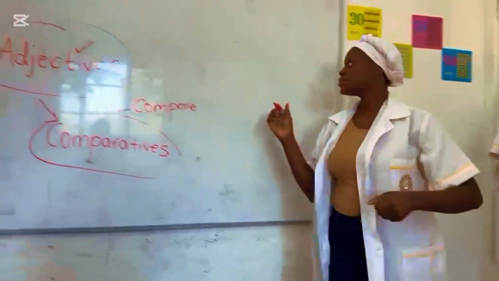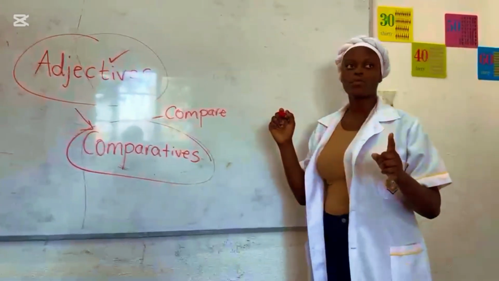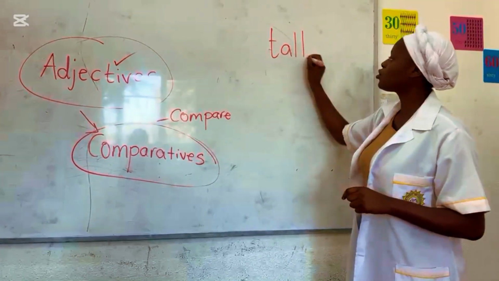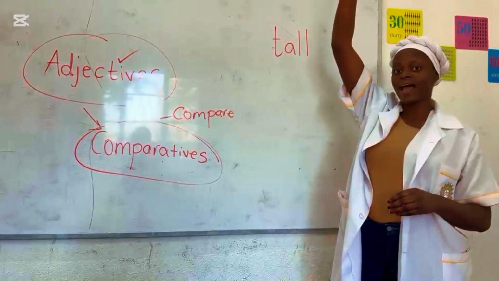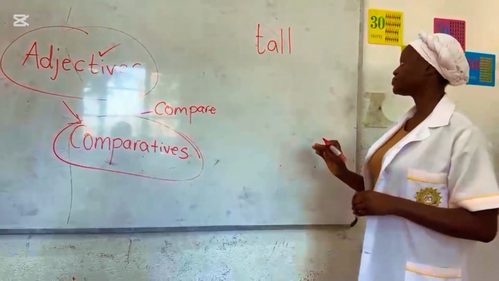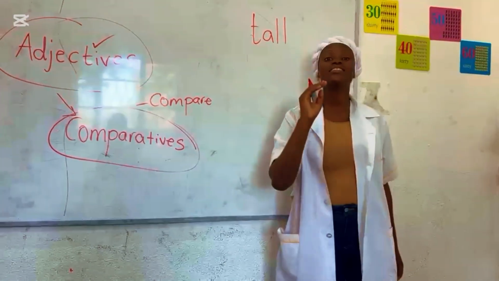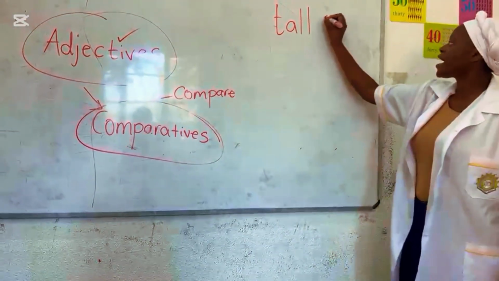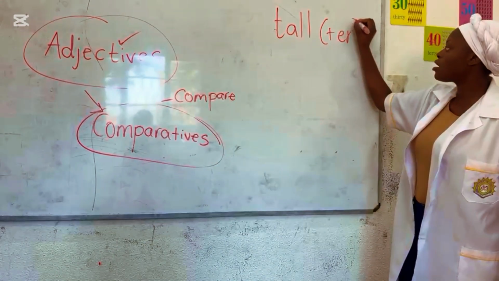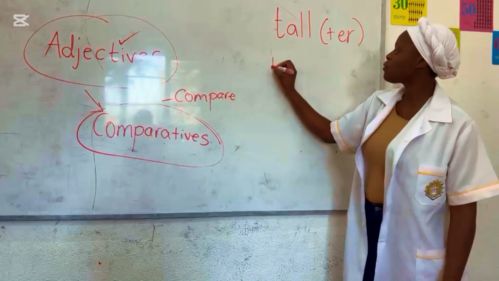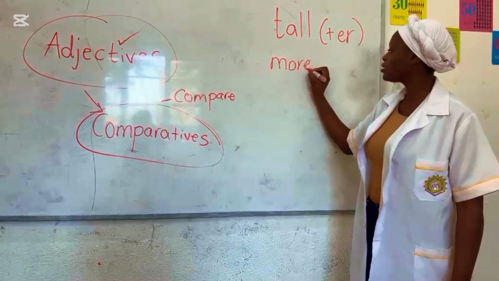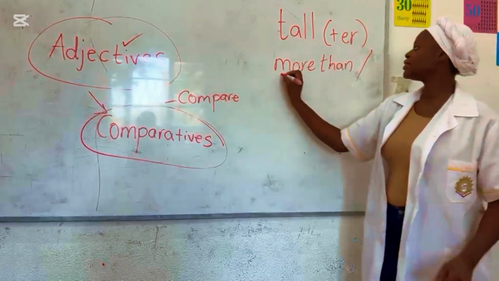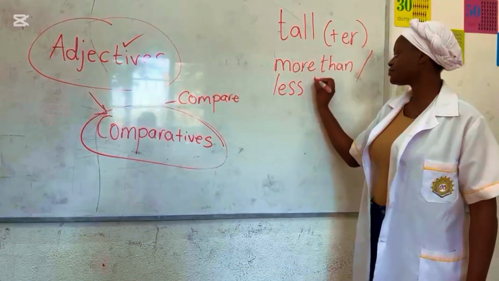That's where comes the word. For example, let's look at the word tall. Tall. We are describing the height. Right? What is the general rule of using comparative? It's either you add ER, or you add more than, or you add less than.